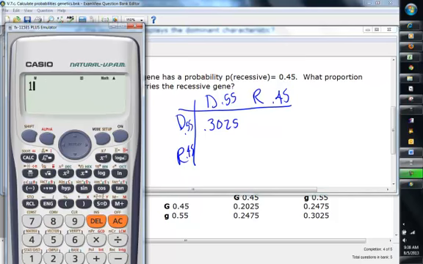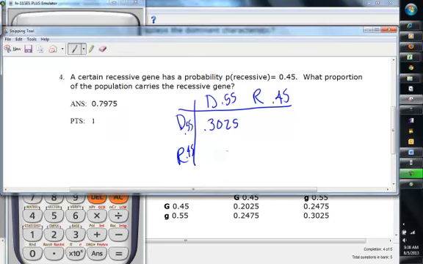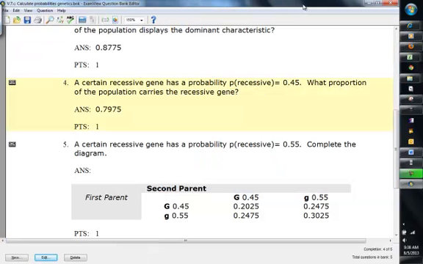So we could take 1 minus our answer, and we get 0.6975 is these three cases here. Next one.